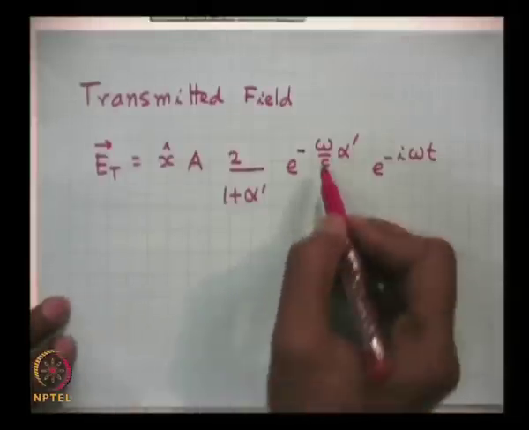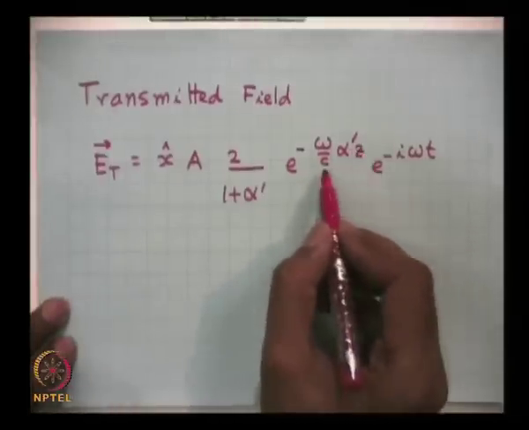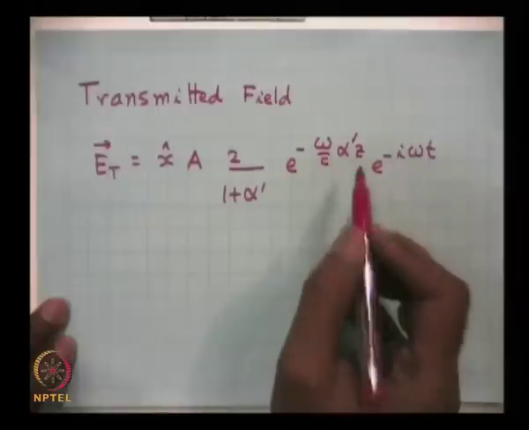So, your wave into z also there is having an amplitude which is decaying with z.